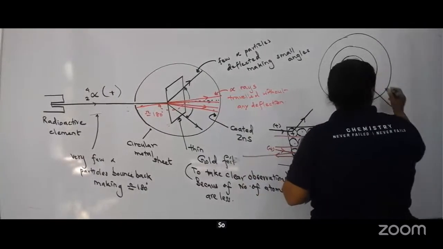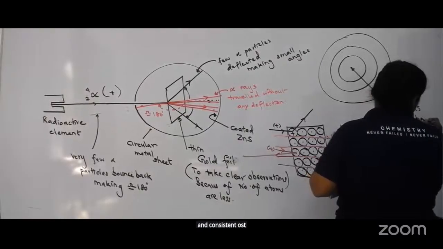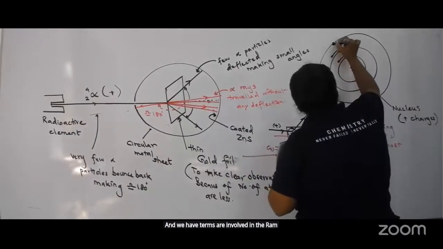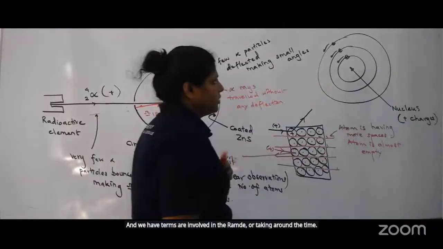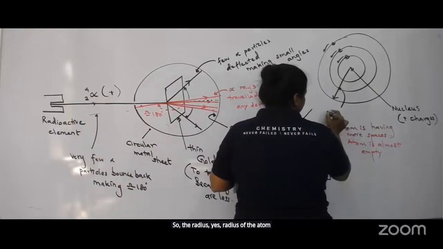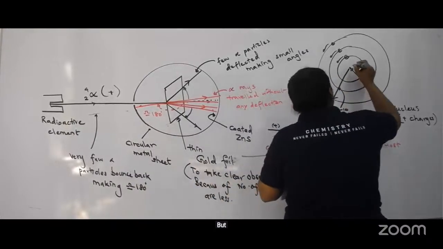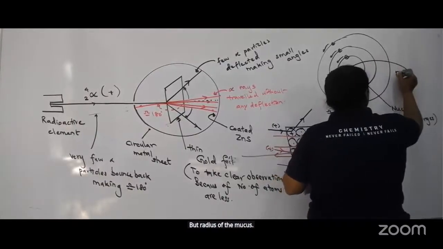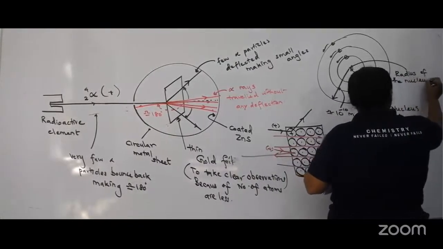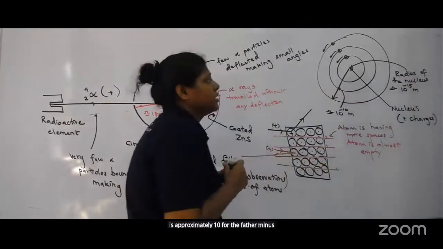This is the nucleus, consisting of positive charges, and electrons are revolving around it. The radius of the atom is approximately 10 to the power minus 10 meters, but the radius of the nucleus is approximately 10 to the power minus 15 meters.